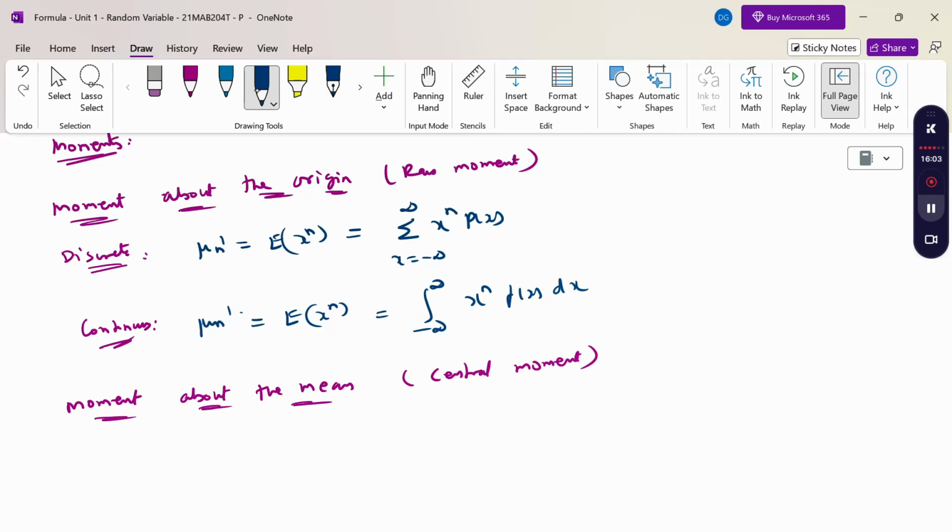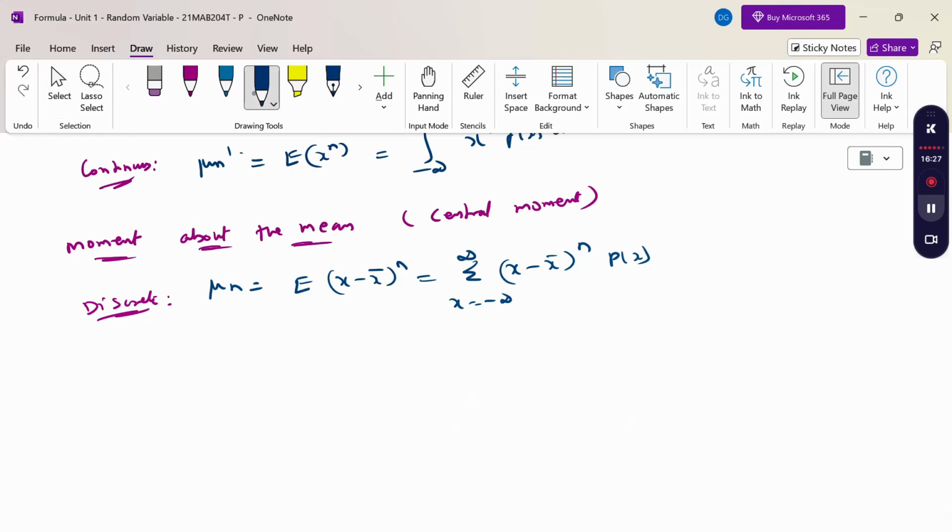So here also, discrete and continuous. Discrete: mu n equal to expectation of (x minus x bar) whole power n. This is nothing but summation of (x minus x bar) whole power n into p of x, from minus infinity to plus infinity.